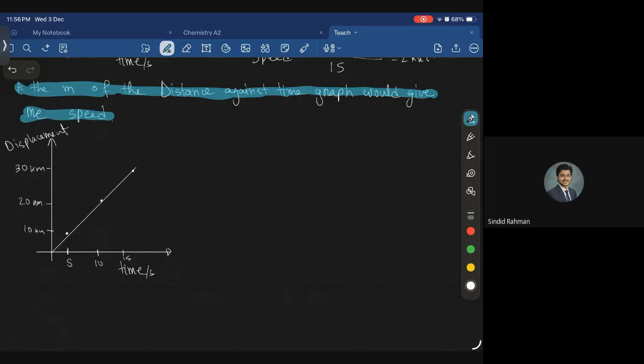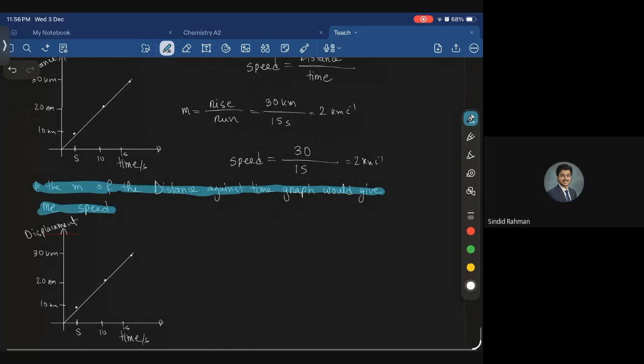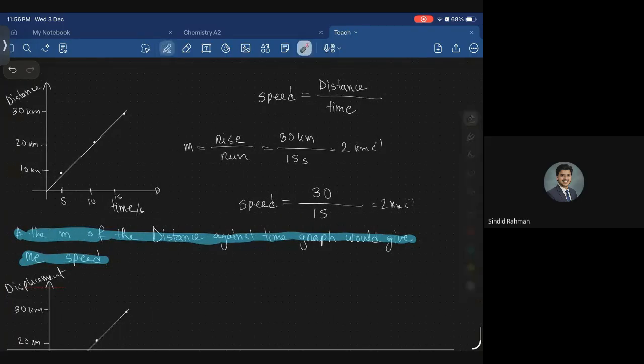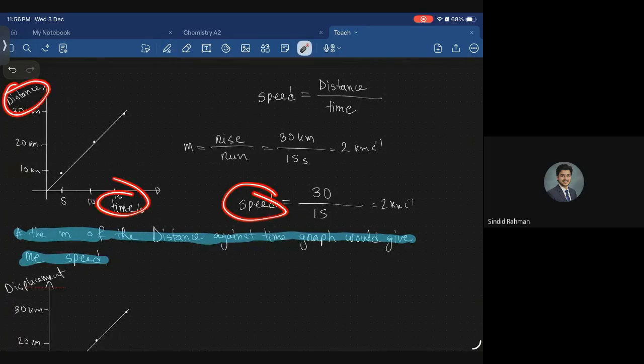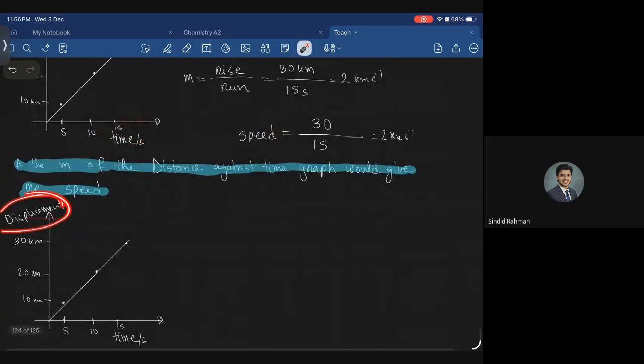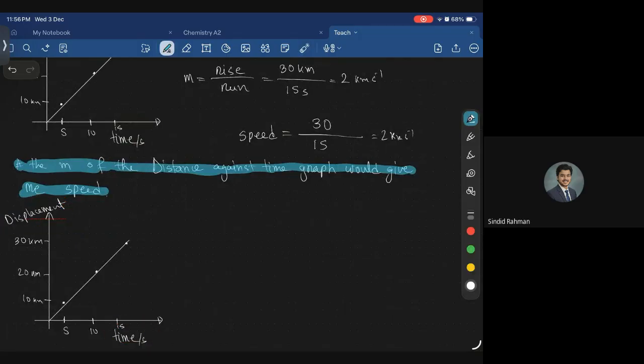So could you identify what would be given by the gradient of this displacement time graph? Like what can we find from the displacement time graph? You can find like the fastest route possible. Like we have found speed from the distance time graph, so if there is a displacement time graph, we can find its velocity by finding the gradient, right?